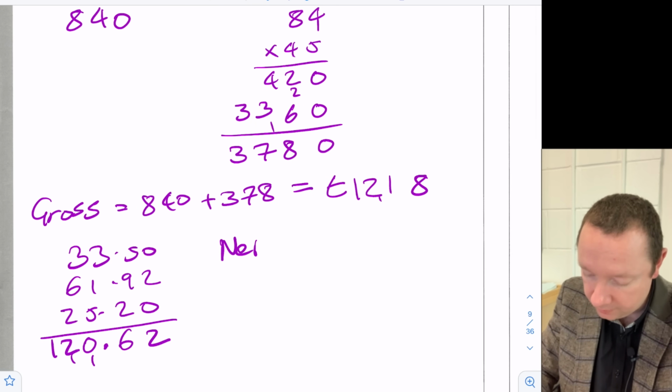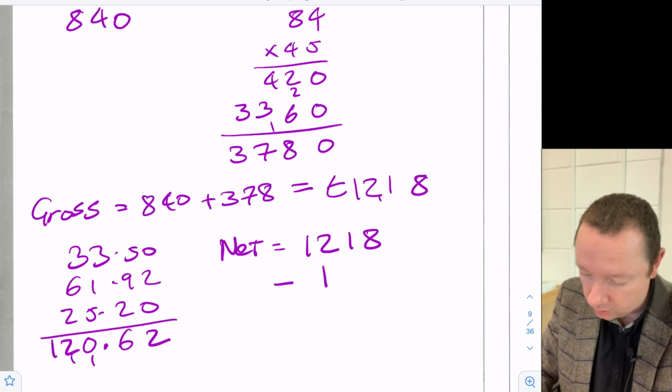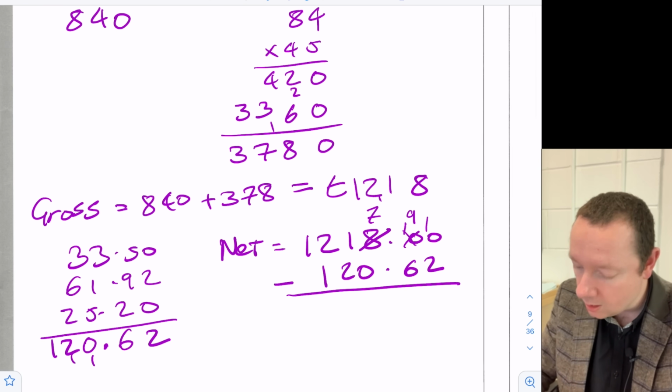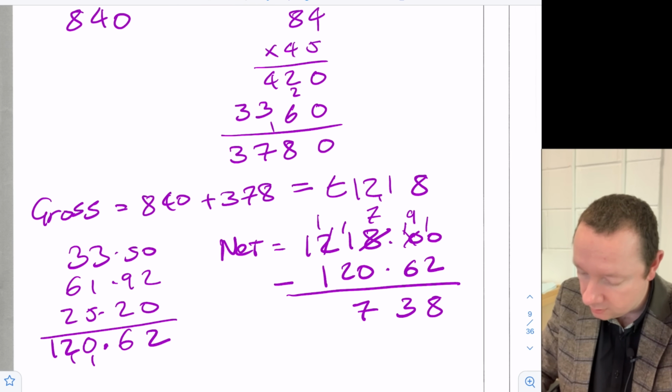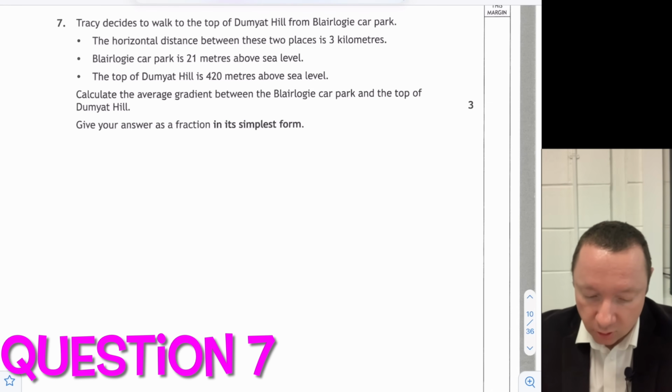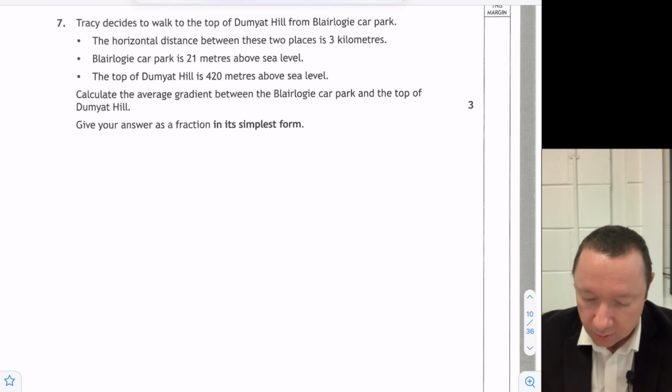So our net pay is equal to 1218 minus 120.62. Ten minus 2 is 8, 9 minus 6 is 3, that's 7, that's 9, that's 0, that's 1. So our £1,097.38.